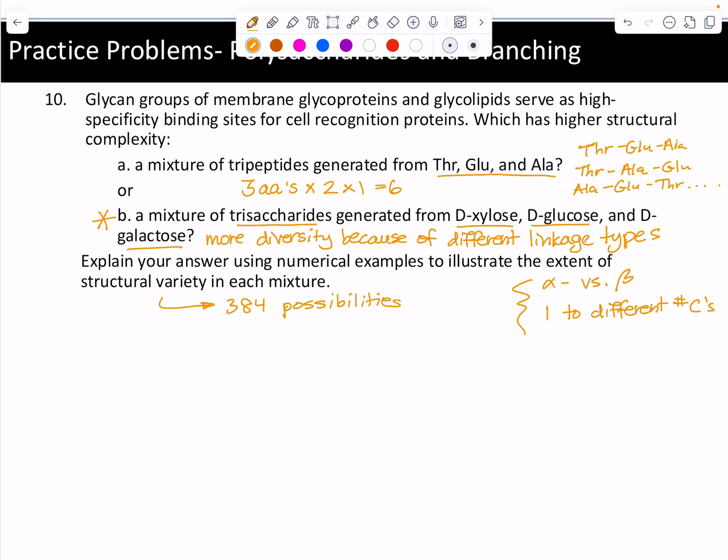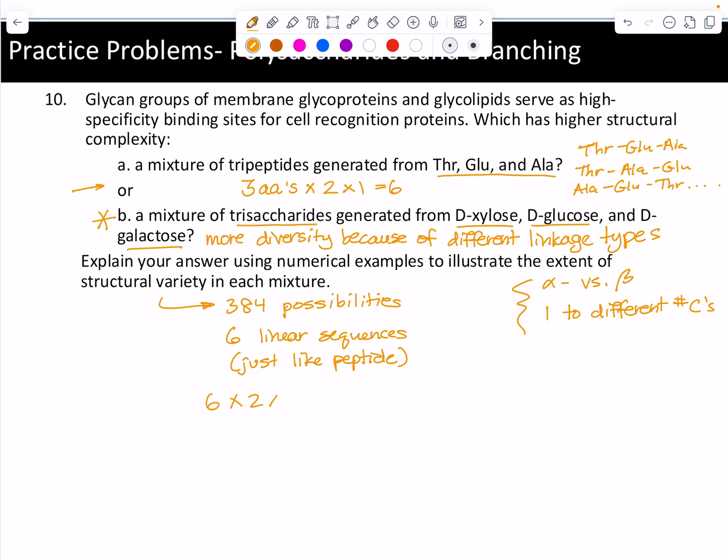for trisaccharide. So remember, we have 6 possible linear sequences, just like here. Okay, so 6 linear sequences, just like the peptide. Right? But again, we can have alpha or beta. Okay, so that gets us to 2.